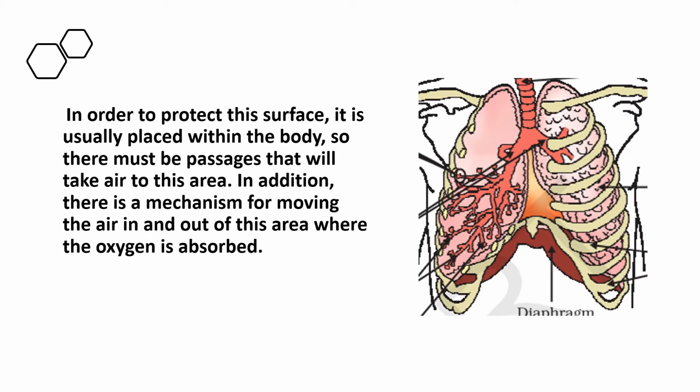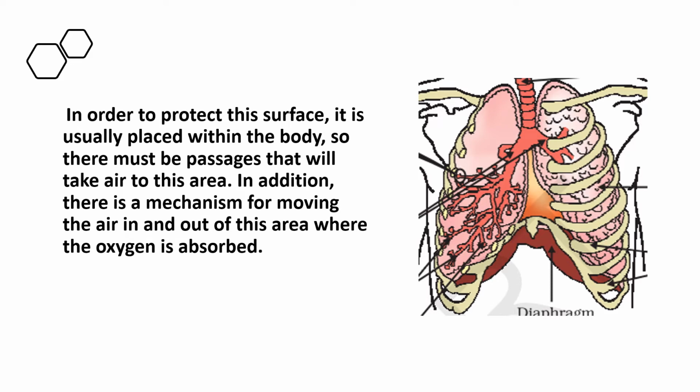In this picture, you can see that the lungs are protected by our rib cage. So the lungs are inside the rib cage, but still there are passages that take air to this area. In addition, there is a mechanism of moving the air in and out of this area where oxygen is absorbed.